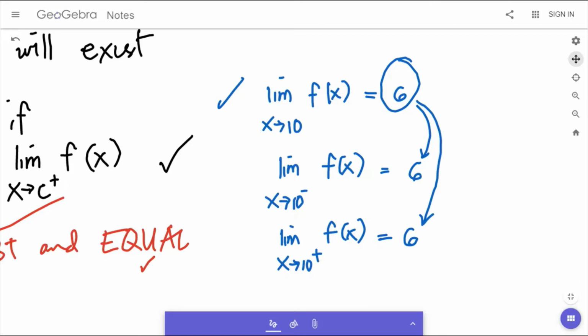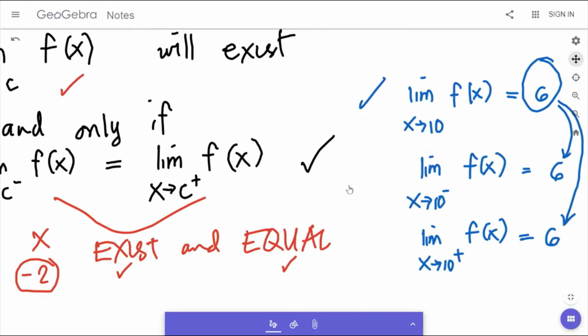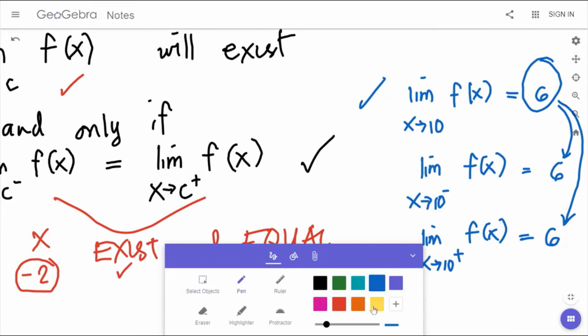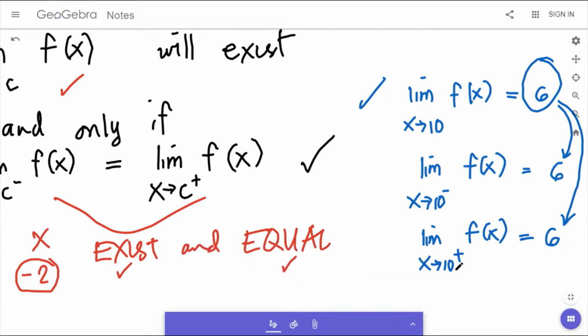So, ano naman ang condition dito? Hindi daw ibig sabihin na kung ang left at right ay nag-exist, ay ang two-sided limits daw ay nag-exist din. Hindi yun guarantee. Why? Because the condition is very strong, saying that whenever you encounter the term n, ito n.